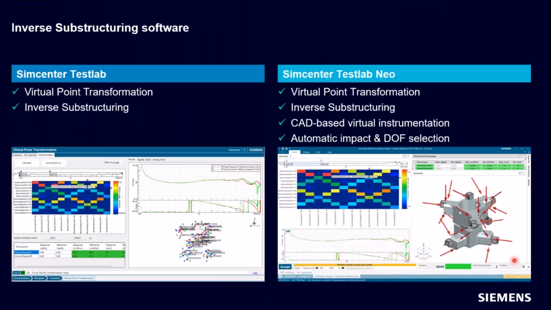I will be using the Neo workflow for this, and the reason is that this Neo workflow has a few extra additions available that really will make a difference in the frequency range that we can achieve with this method. So more specifically, CAD-based virtual instrumentation and some algorithms that help you automatically select the best data to increase your frequency range are only available on this Neo platform. So that is what we will be using.